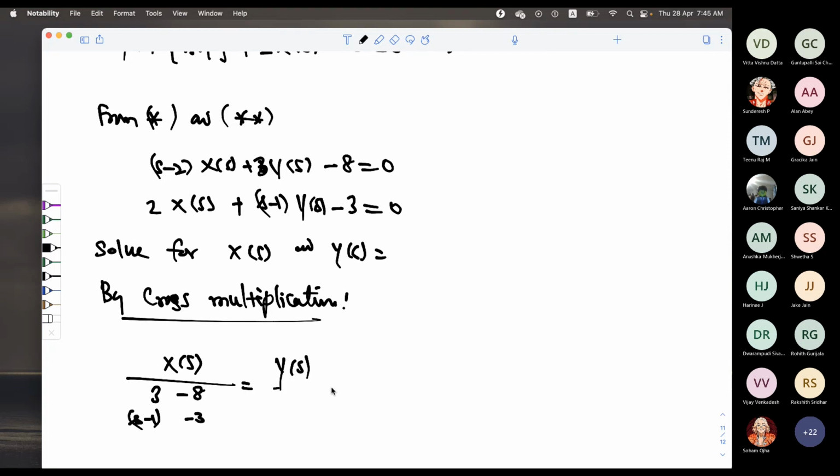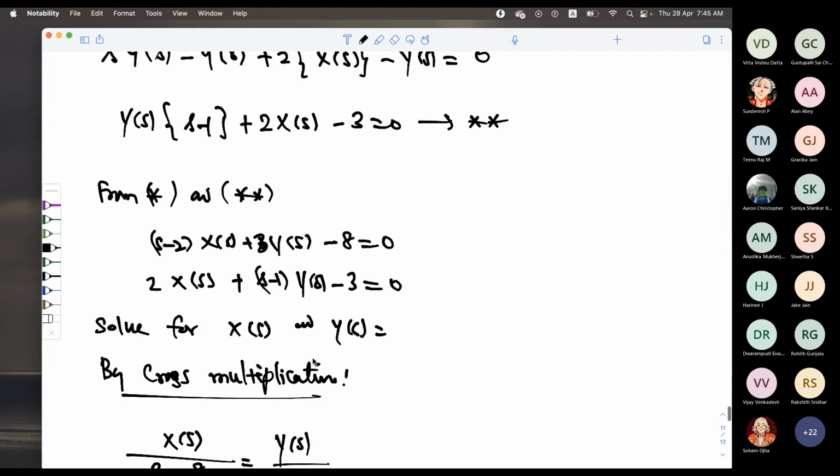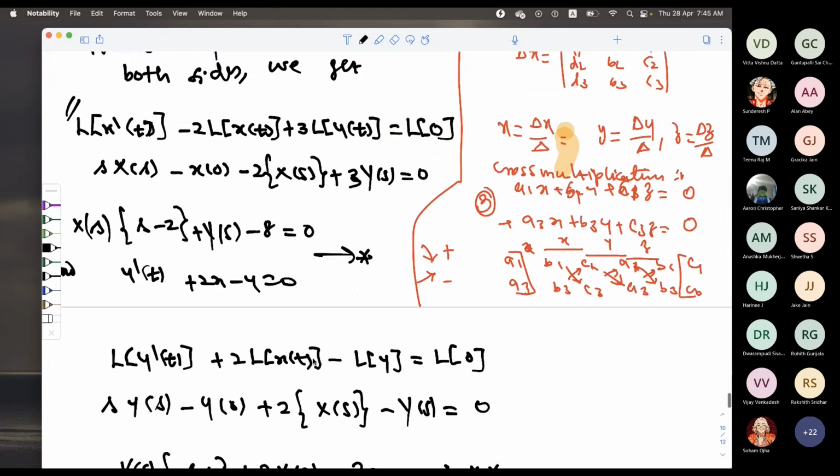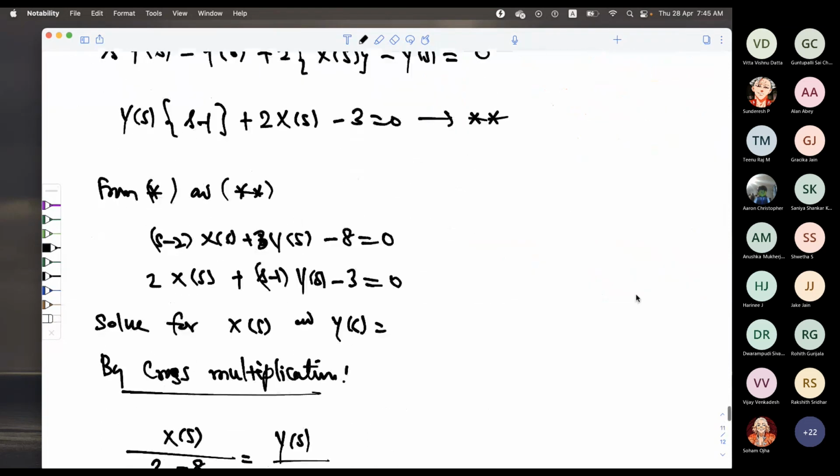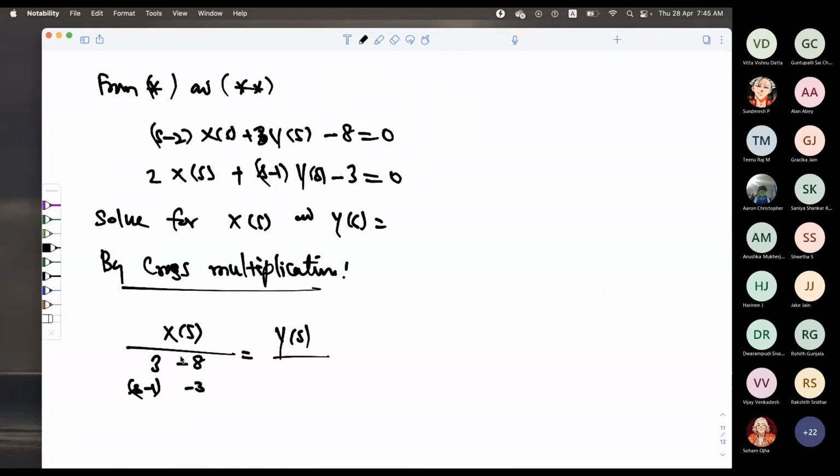And then Y(s) means, just consider this is Y, so this c1 should be in the first place, c1 c3 in the first column, and then a1 a3 in the next column, like that. This minus 8, that same number should continue, minus 8, minus 3, then this is s minus 2, 2.